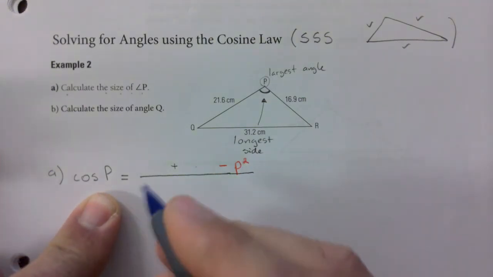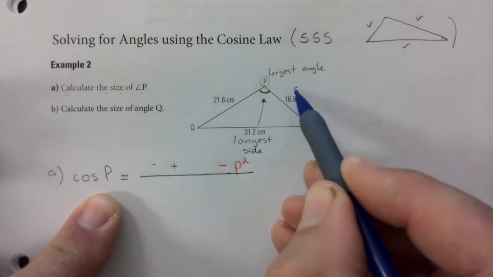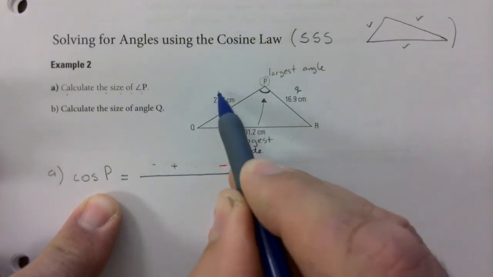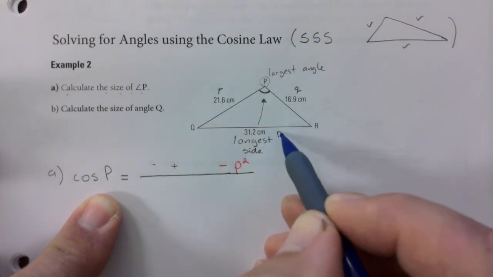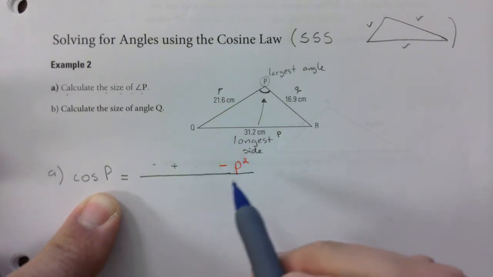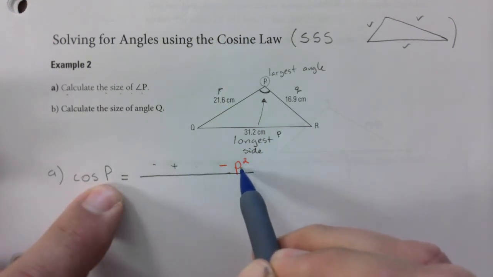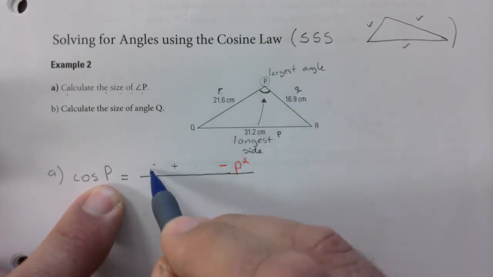So you're going to have A squared. Sorry, not A squared. That's labeled as lowercase q. And this is lowercase r. Please make sure. And this is lowercase p. So we have p squared across the angle that we're trying to find. So that means that r and q are going to be over here.